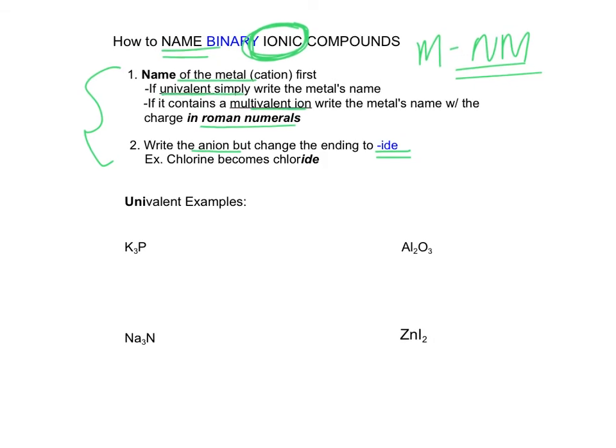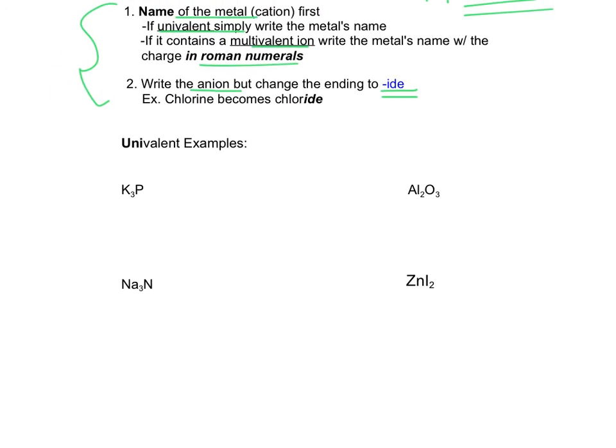So univalent, meaning they're always the same charge. So K, if you look at where K is on the periodic table, it's an alkali metal. So that family always has a +1 charge. So we're just going to name it potassium.